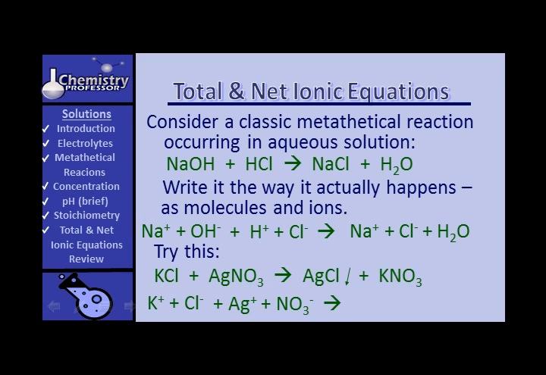Potassium ions and chloride ions react with silver ions and nitrate ions. Why? Because both of those are soluble salts, so they exist as ions in solution. And when they react, they produce the insoluble silver chloride plus potassium ions and nitrate ions.